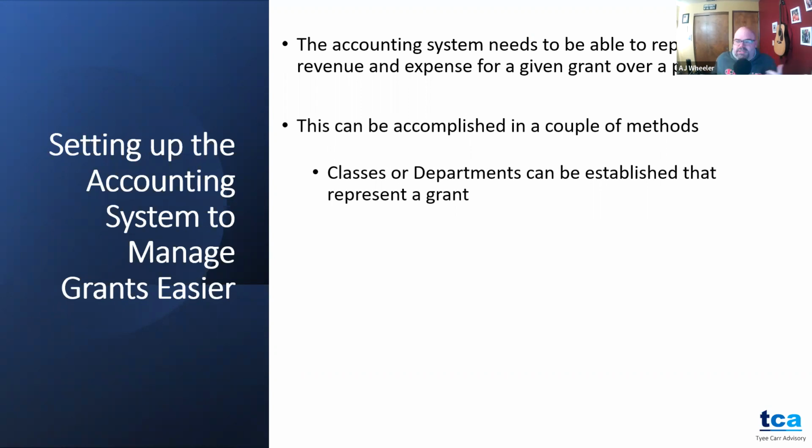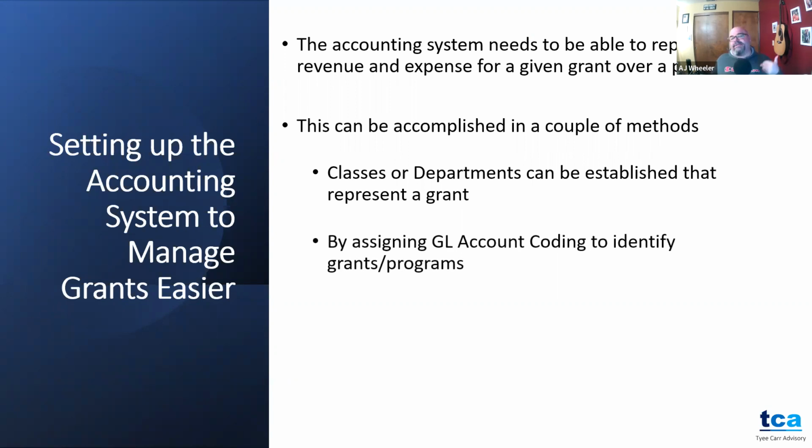there's classes or departments that are established that report the grant's revenue and expenses, or the revenue and expenses of the entire organization in departments, and there'll be columns set up. I'll have an example of this coming up. The other way, in larger organizations or larger accounting systems that don't have that class or department system, is to assign specific GL codes to identify grants and projects.